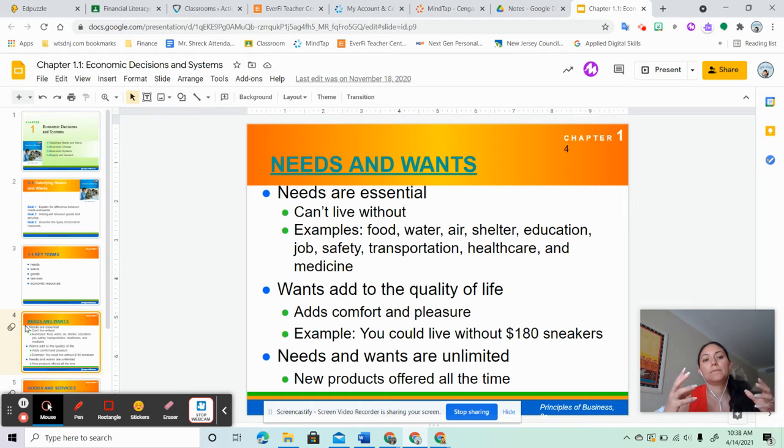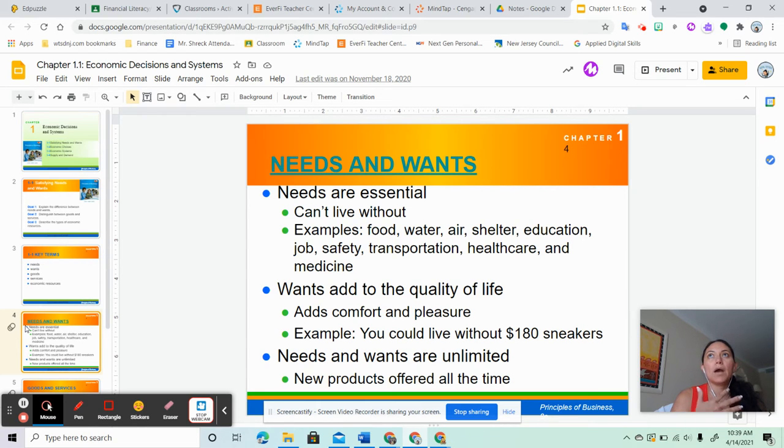So this is where personal finance and principles of business meet together, because the concepts at the personal level are the same at the larger government level of how they make the decisions for their general population. Okay.